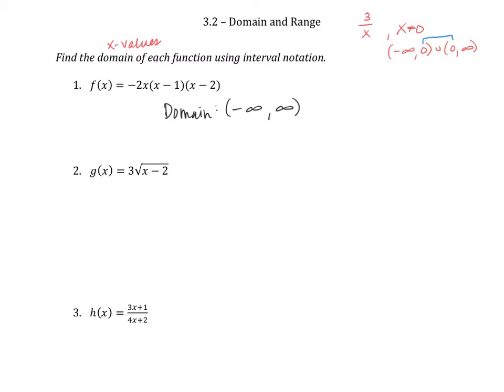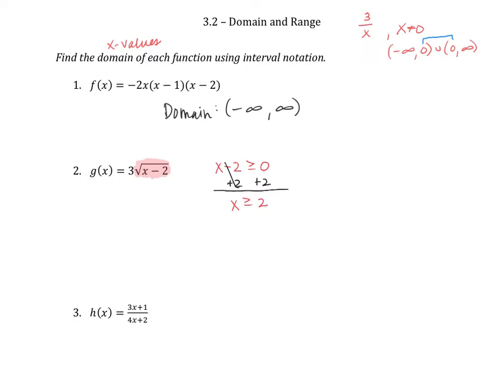Number two, we do have a restriction. We have a radical, so what's under the radical has to be non-negative. That means it must be greater than or equal to 0. So we take what's under the radical and set it greater than or equal to 0, because that's what we want to happen. Then we solve that inequality. We add 2 to both sides and get x is greater than or equal to 2.